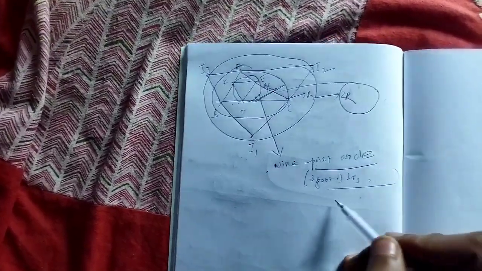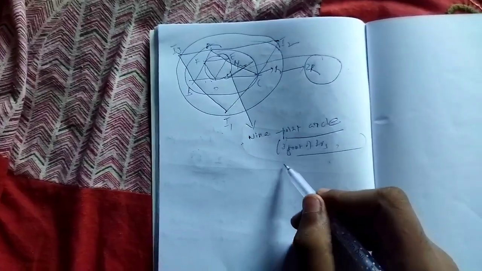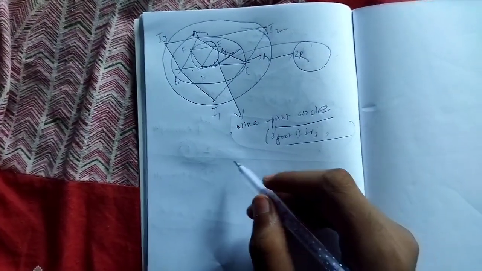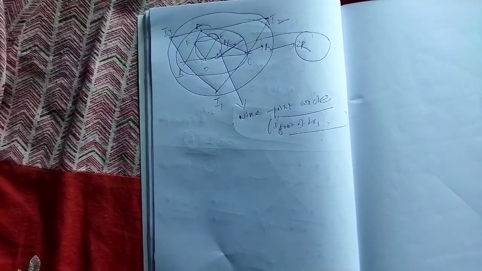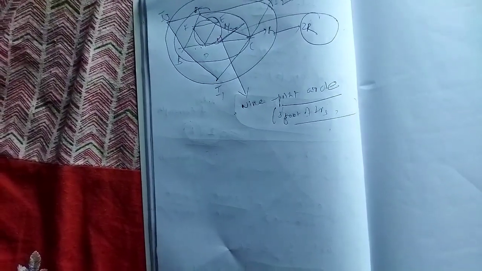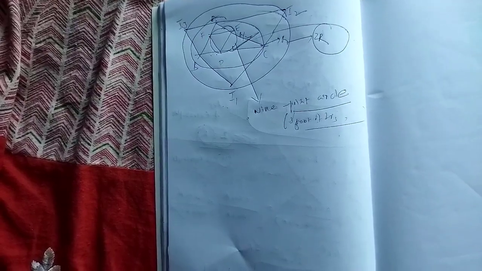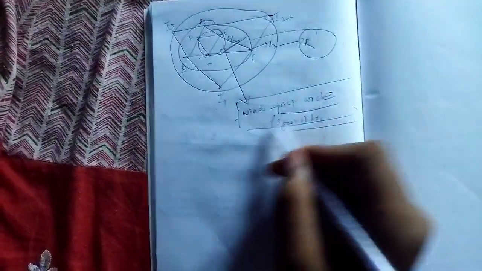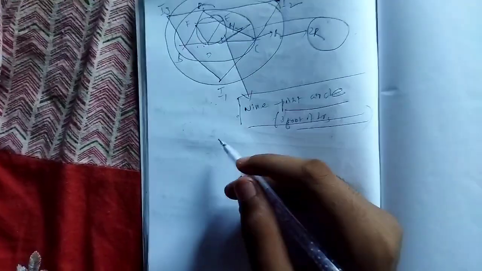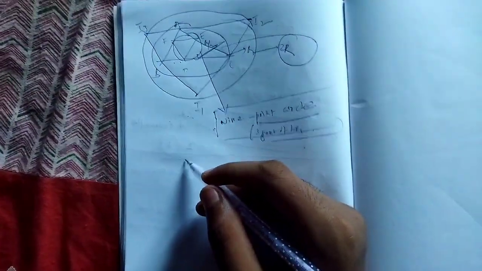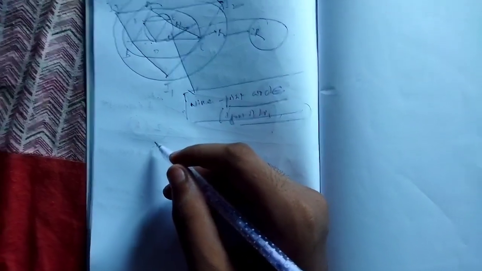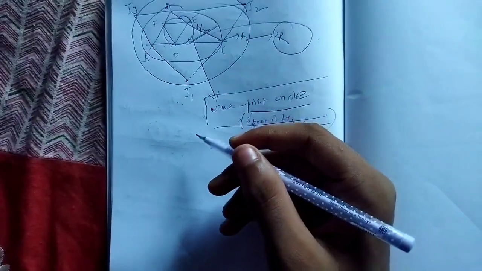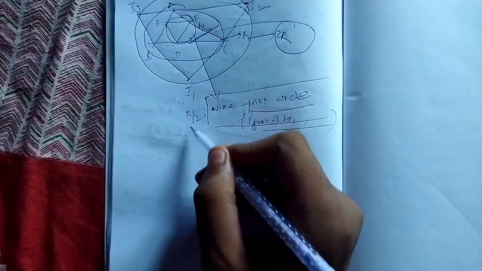So the 9-point circle consists of the feet of perpendiculars, the feet of medians, and it also consists of the midpoints of AH, BH and CH. It is some other topic. I think it's not necessary, but you could keep it in mind that the circumcircle of the pedal triangle is nothing but the 9-point circle. And its radius is also r by 2.